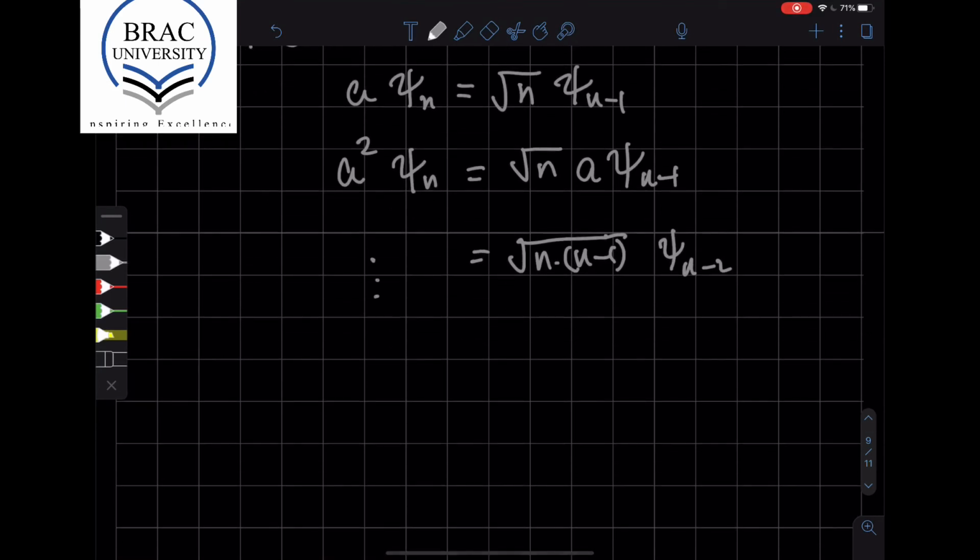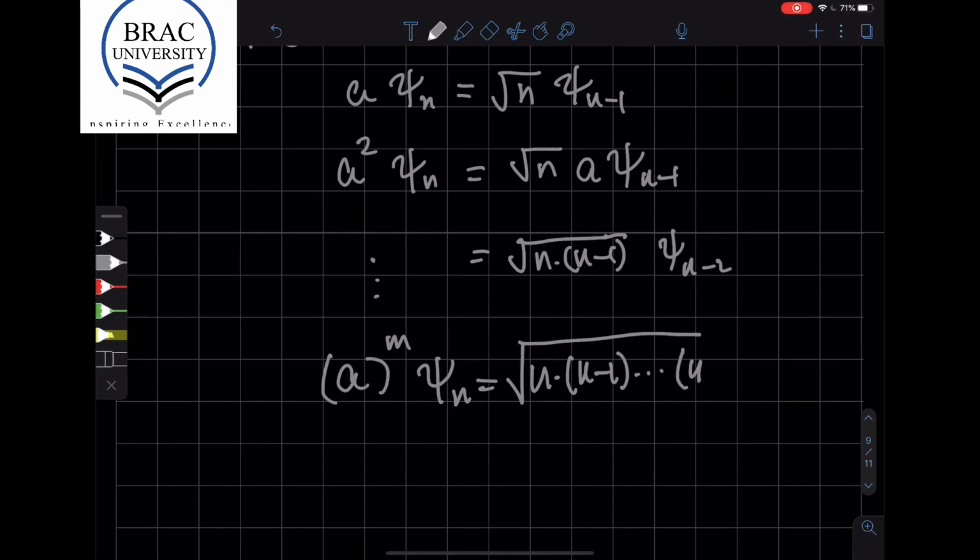So if you keep on doing this, say m times, so a raised to the power m acting on psi n, then we have on the right hand side under the square root n times n minus 1 dot dot dot n minus m plus 1, the whole thing under square root, times psi n minus m.